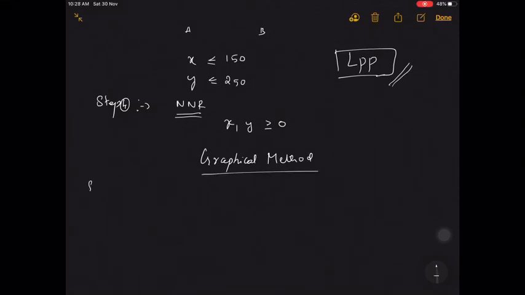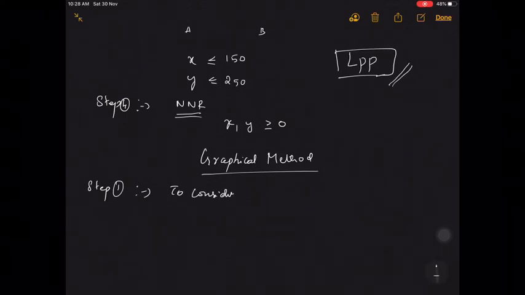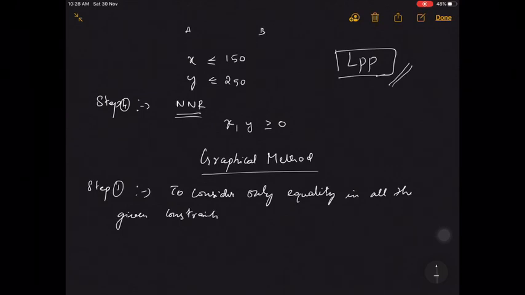Now the first step in the graphical method is to consider only equality in all the given constraints.